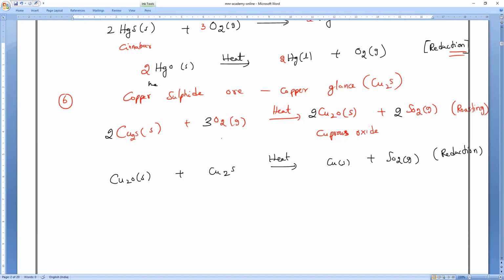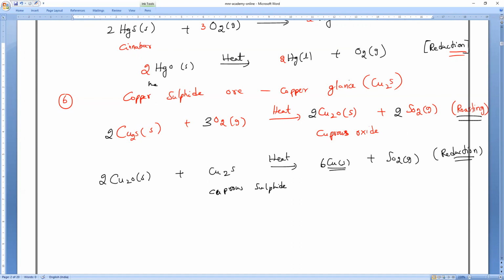But for copper, cuprous oxide and cuprous sulfide also react together. Then only you will get pure copper. Please remember that. So balance this equation, everybody. These two equations for mercury as well as copper are extremely important. So please learn, everybody, roasting as well as reduction process.